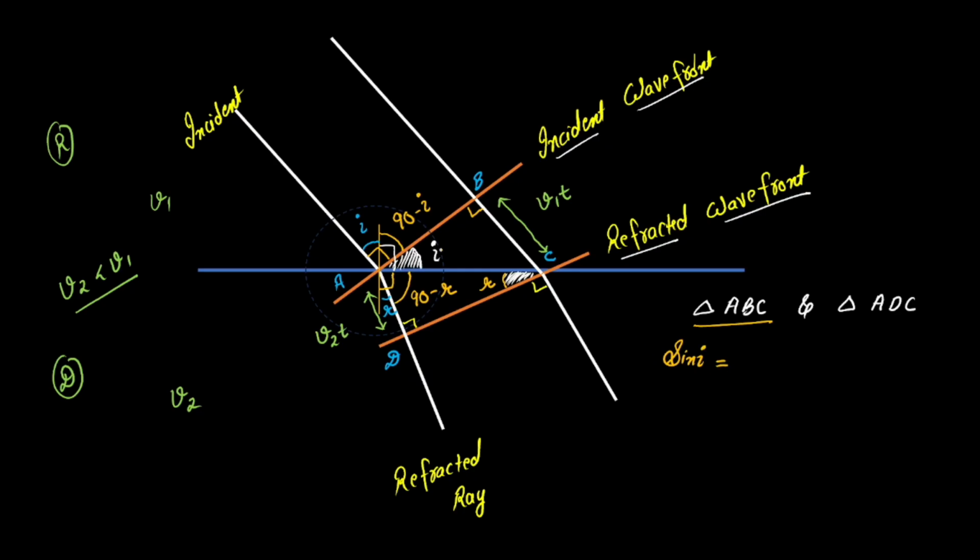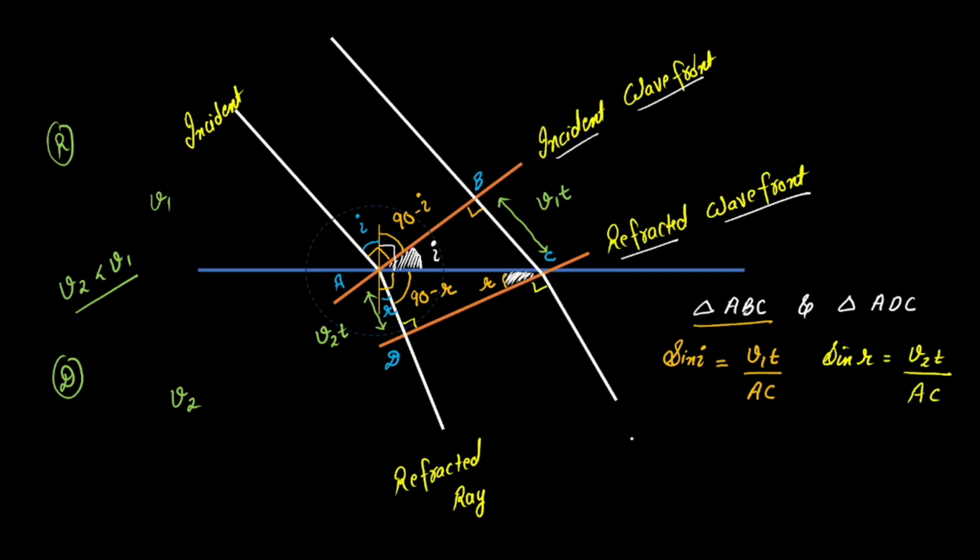The perpendicular in this particular case would be BC, the value of which is v1t, divided by the hypotenuse, which would be AC. Similarly, in triangle ADC, if we find sine of angle r, it would be perpendicular by hypotenuse. The perpendicular in this case is AD, the value of which is v2t, divided by the hypotenuse, that would be AC.